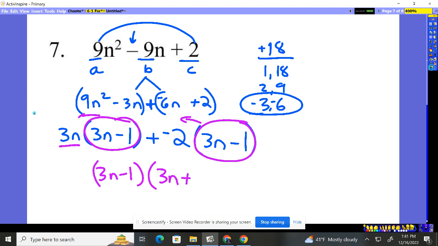Instead of plus -2, we'll just write it as a -2. A 3n minus 1 times that 3n minus 2 gives you that 9n squared minus 9n plus 2 up top. And we have now factored that trinomial into the product of two binomials by using the busting b method.